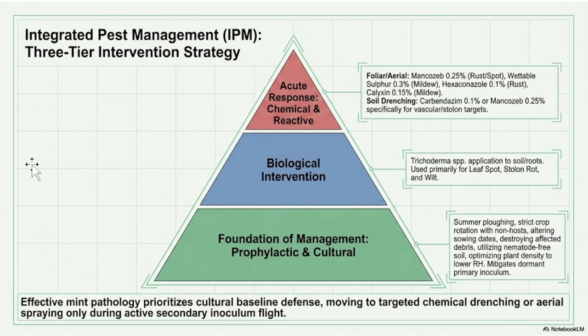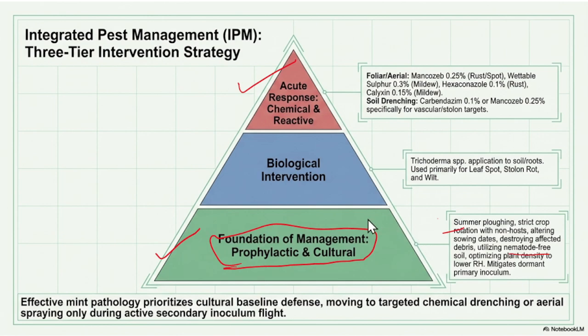So now here the integrated management. First, what is the foundation of the management? Prophylactic cultural practices you can adopt to control the diseases, and it requires a low or minimum budget. That is summer plowing. Then strict crop rotation with non-host crops, altering sowing dates. Then destroy the affected debris. Utilize nematode-free soil.